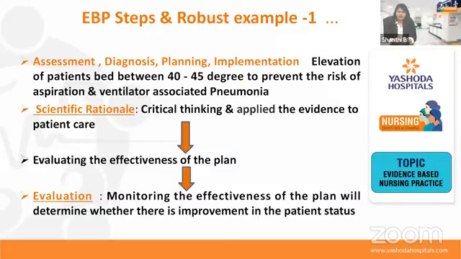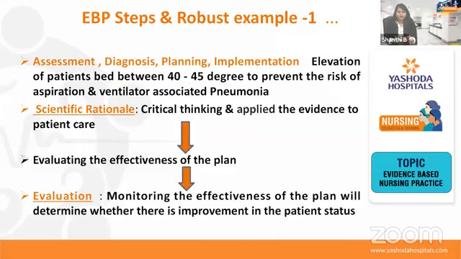Maybe the doctor has said it, or maybe I feel the patient is not able to eat, but you see the associated risk which the patient may have. Ventilator-associated pneumonia can happen, or the patient may have a pool of secretion and may have positional pneumonia. Scientific rationale is critical thinking and applying the evidence to patient care. That is how technology is also responsible in applying evidence to patient care.